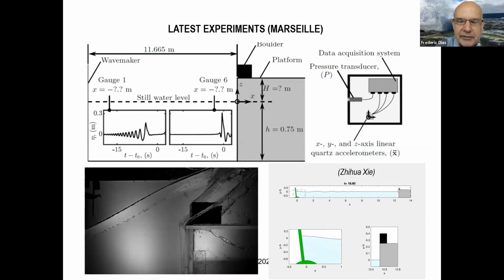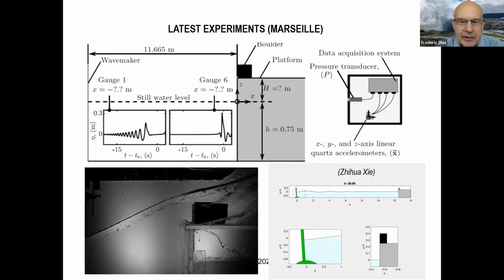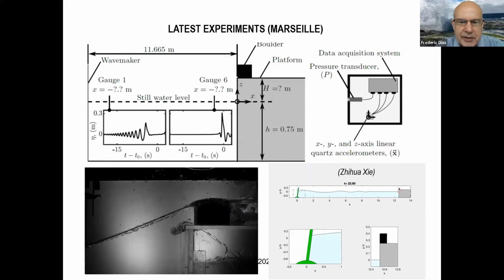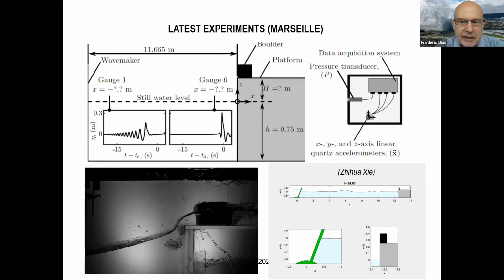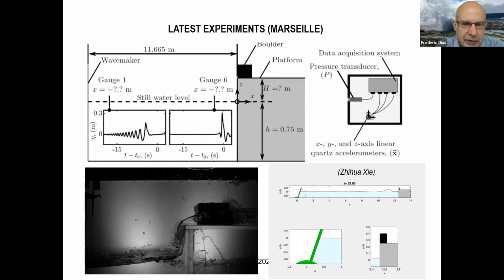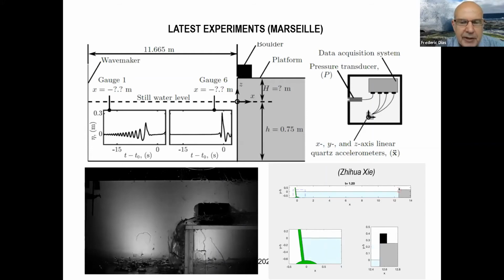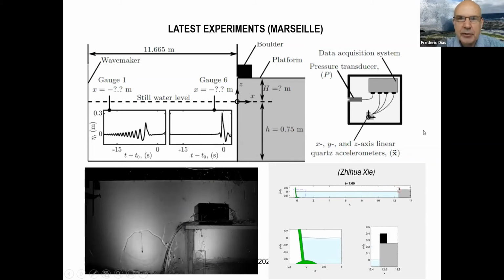So now, having the smart boulder, we know exactly the accelerations, we know the pressure at impact, and we obviously have this very high-speed camera as well, and we also have PIV. So you can imagine that we have a lot of data that we are looking at right now, and there will be more in a couple of weeks.